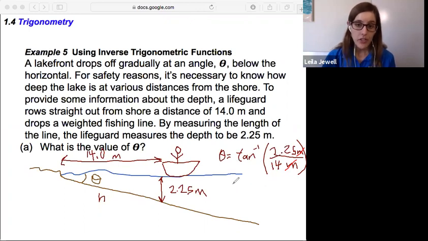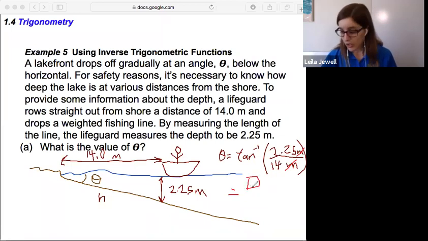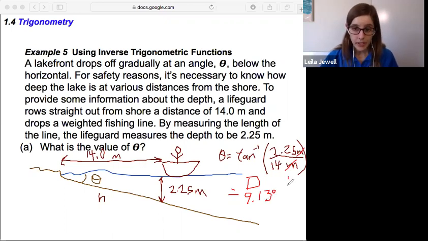Now, our final answer here is going to have units, and those units will depend on what mode your calculator is in. So if your calculator is in degrees, then you should get, at this point, 9.13. But if for a math class, your calculator is in radians, you'll get a different answer.